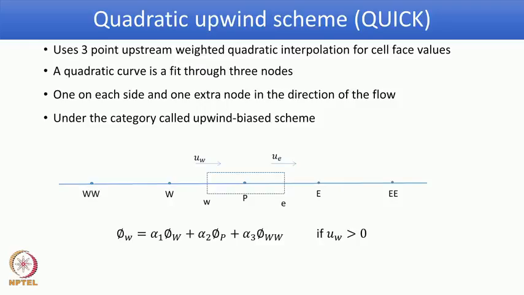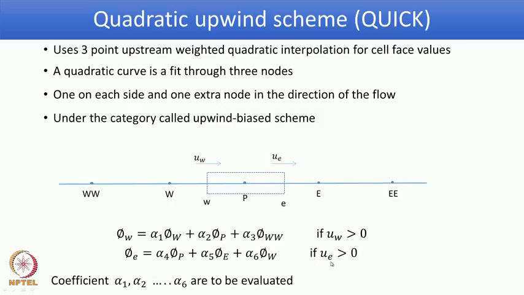Now, let us take the next case, when the flow is from left to right on the east face, that is u e is greater than 0. Phi at E is evaluated. For phi at e, 2 adjacent nodes are the east node and the P node, and one more upstream node in the direction of the flow.